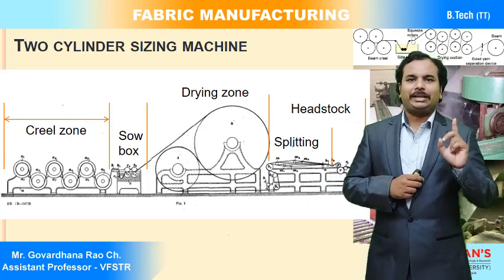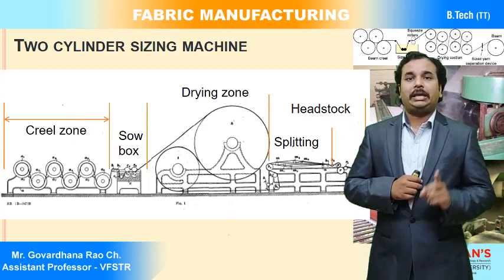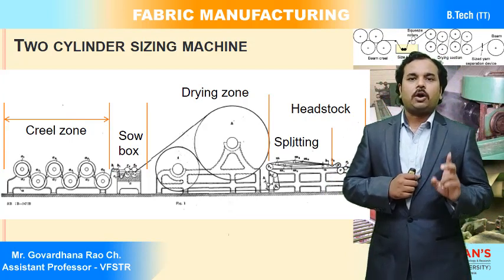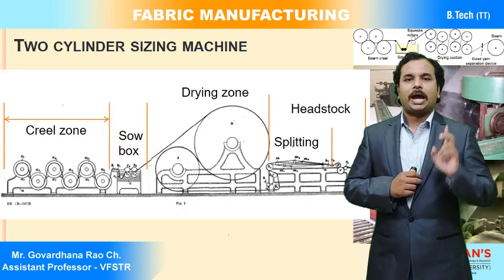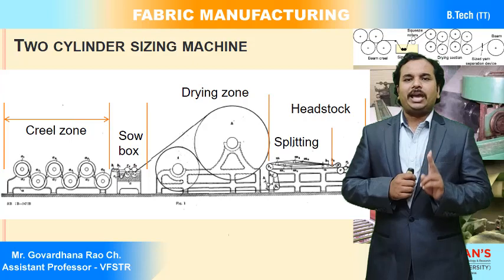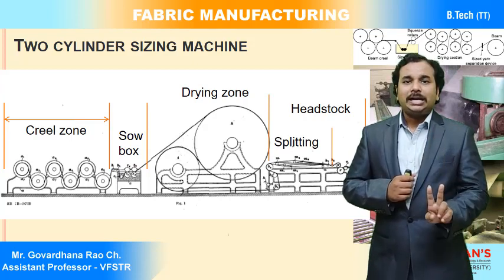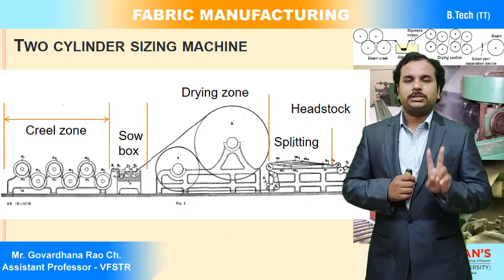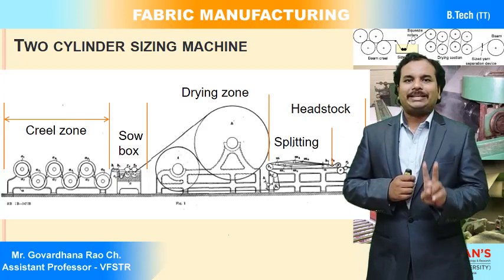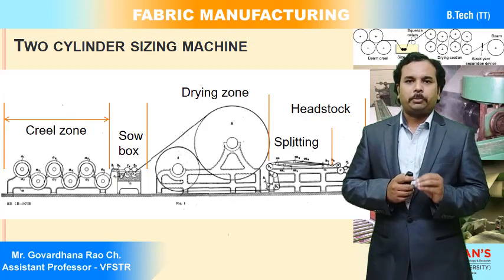One is called the creel zone, where the warper's beams are kept, and together all the warper's beams are passed parallelly into the size box. Then we have a second zone, that is size application or size box, where exactly the size paste is applied to the warp sheet.